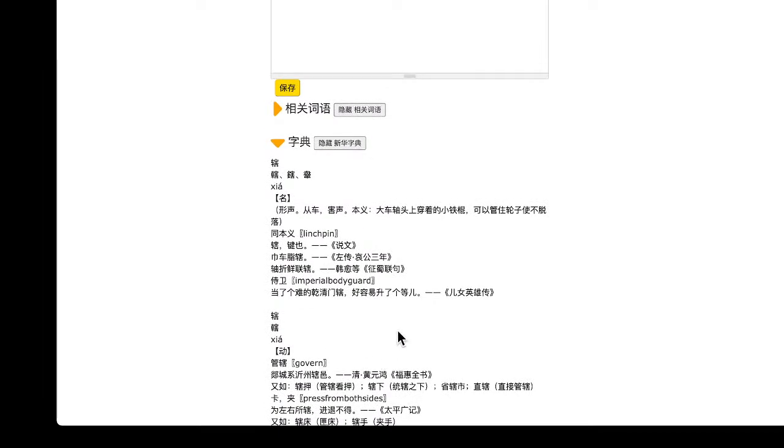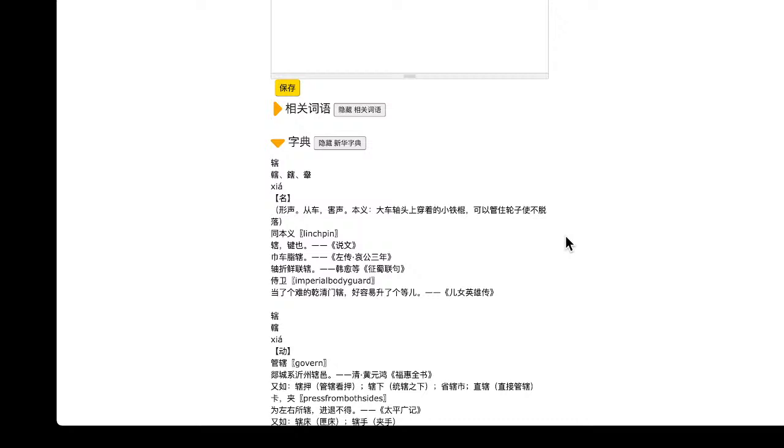Now, the original meaning of this character is actually referring to the ancient days when they made carts. There's a small metal stick that secures the wheel on the axle.